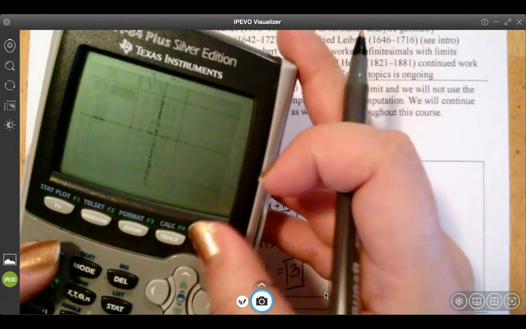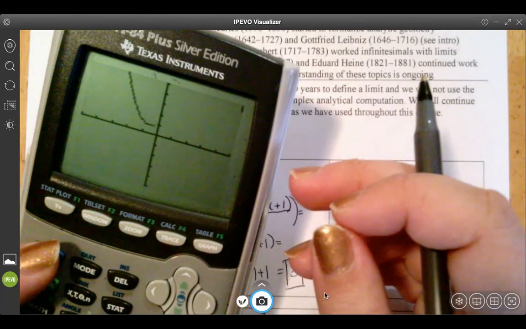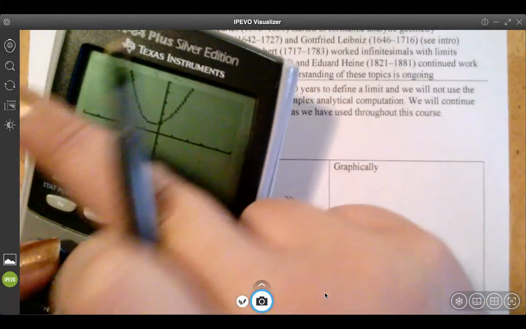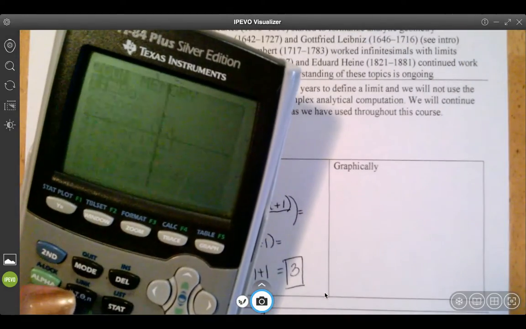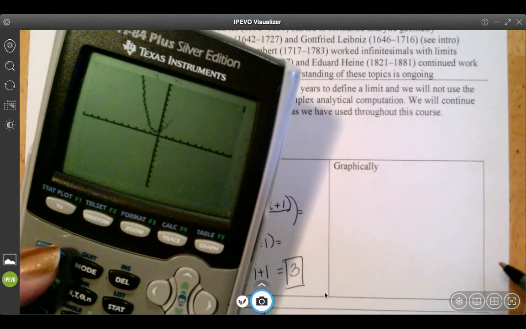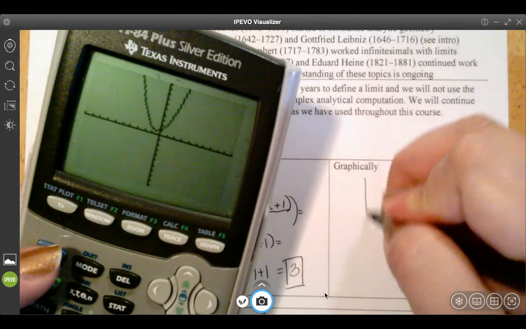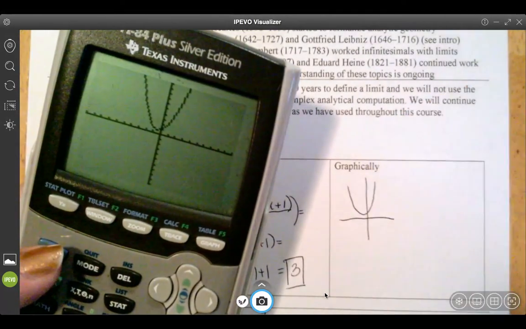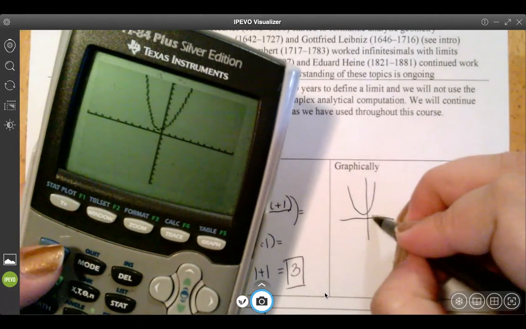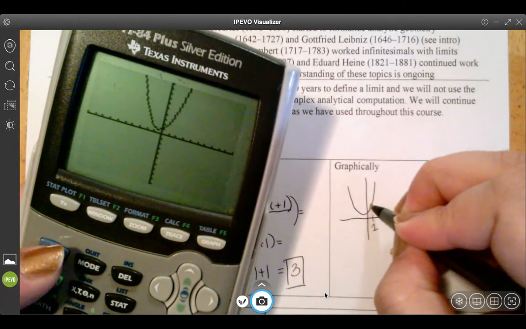Okay, so we look at the graph. Maybe I'll zoom standard. So the graph looks like this. Okay, and when x is 1, we're looking at what's happening.